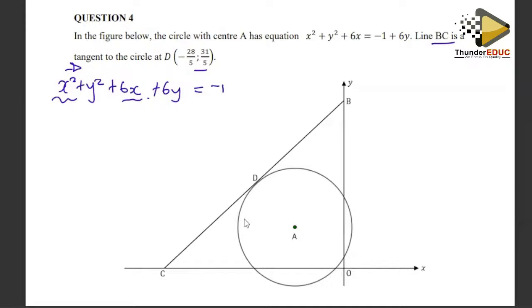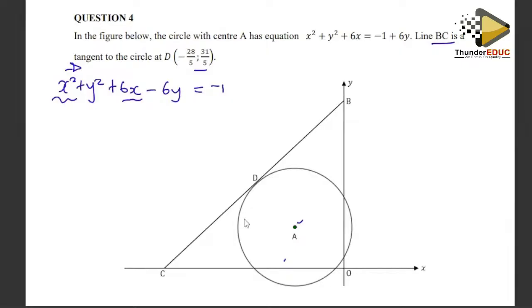Same story with the y squared and 6y. So how do we complete the squares in this case? So we can see that one value is negative, the other is a positive. I'm missing something here. This is supposed to be -6y.